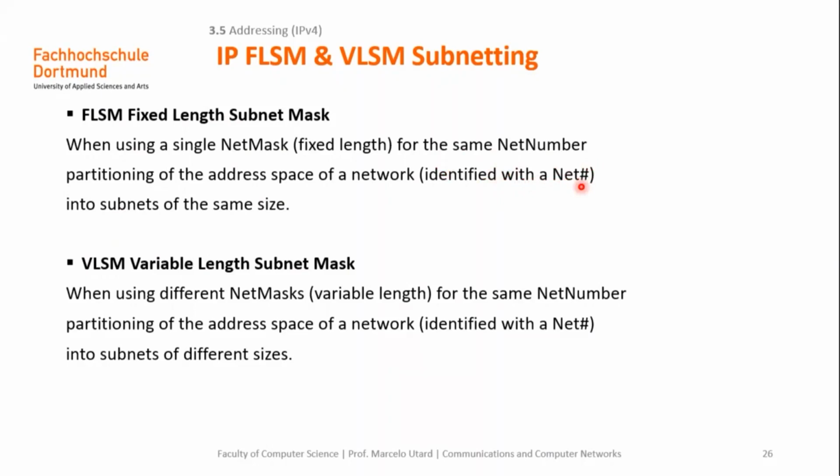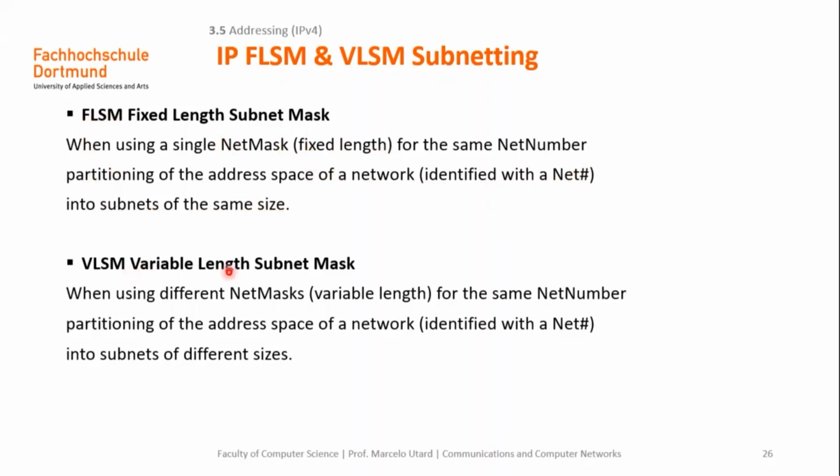Then for the same net number in the network, in every interface of the network, we need to use the same net mask, the same fixed length net mask. Then all the subnets associated with the net number have the same size. This is the fixed length subnet mask.